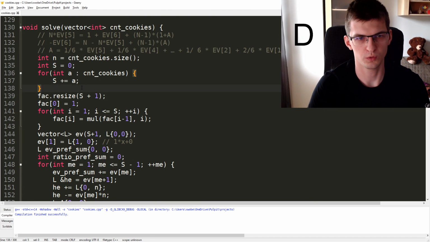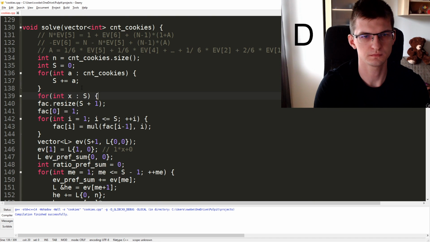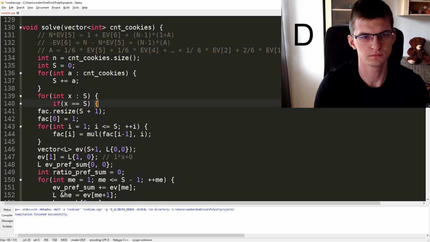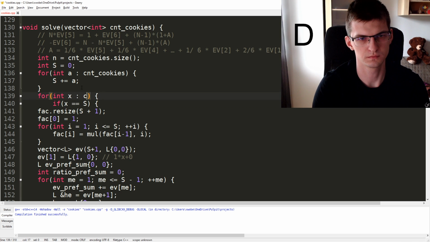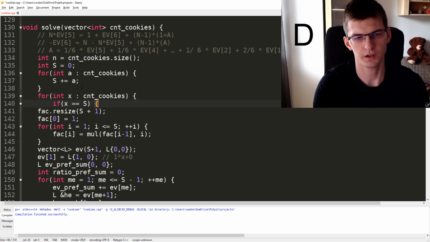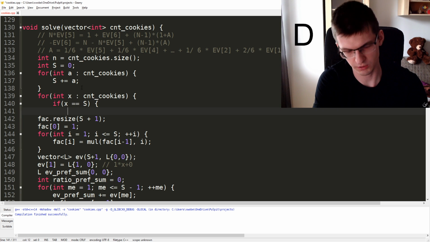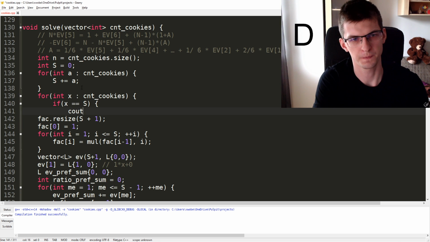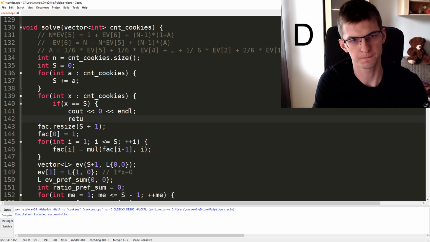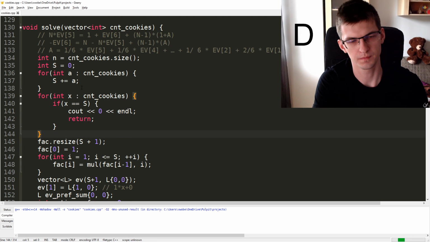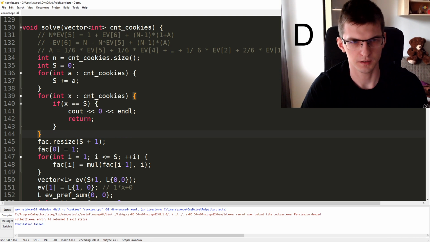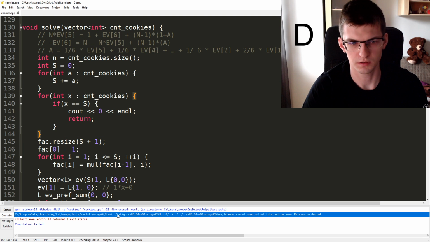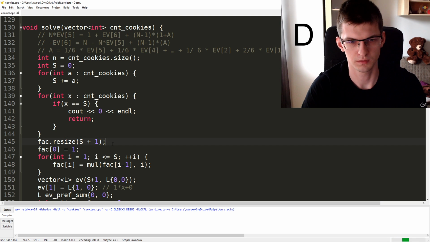So everything is equal to S. Then do this. What did I do wrong? Huh?